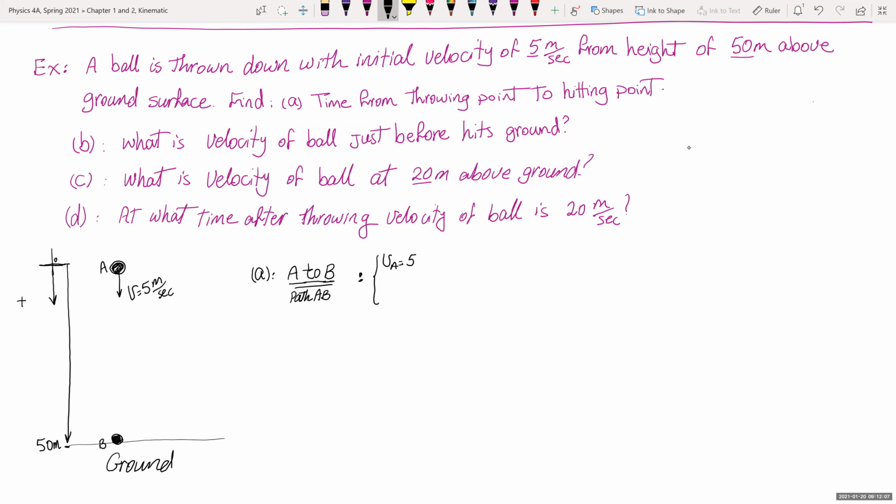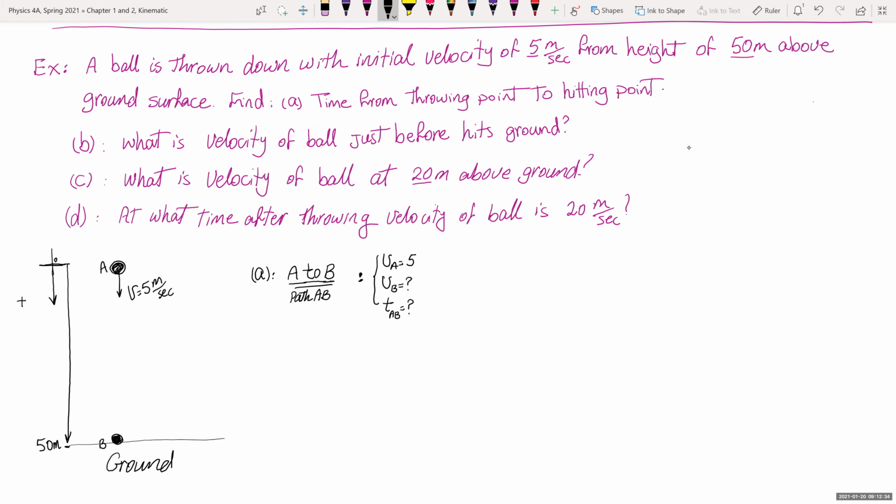That's what the question says. Final velocity at point B is unknown. Time from A to B, we don't know. Correct? This is what the question wants. Okay.